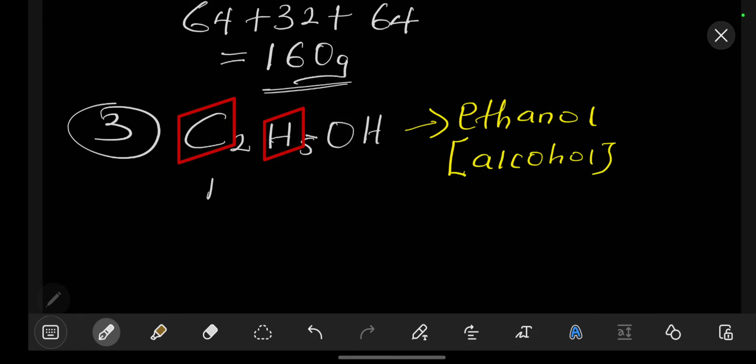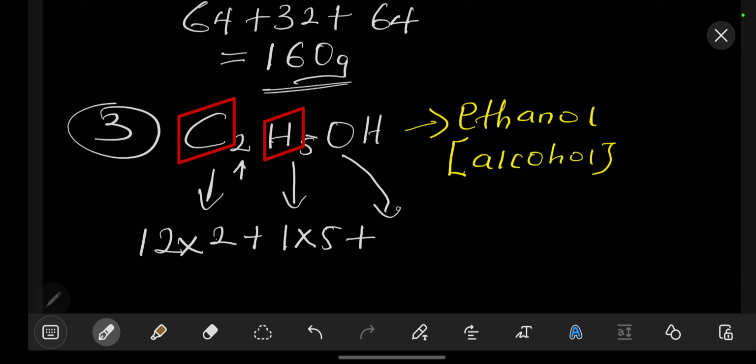Carbon has a mass number of 12, like you already know. So we're going to do 12 times the 2 it has attached. That will be 12 times 2 plus hydrogen has a mass number of 1. But we have a 5 beside hydrogen there, and that gives us 1 times 5, plus oxygen has a mass number of 16, of course.